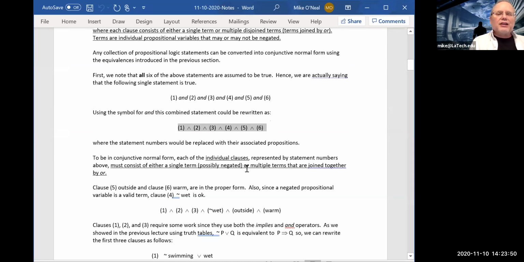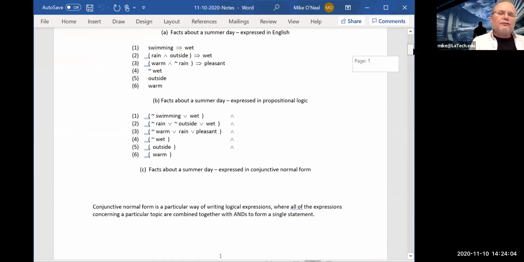So I said that the individual clauses are either propositional variables or negated propositional variables. If we go back up and look, 4, 5, and 6 are clauses that are already in the appropriate form. 5 and 6 are just individual propositional logic variables, and 4 is just a negated propositional variable.